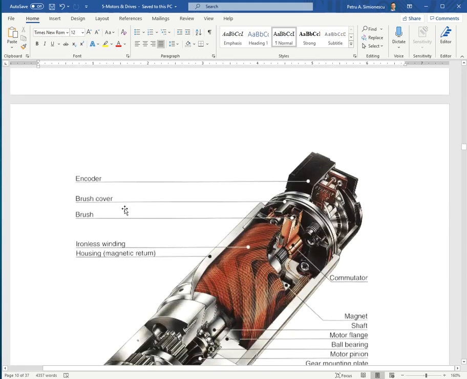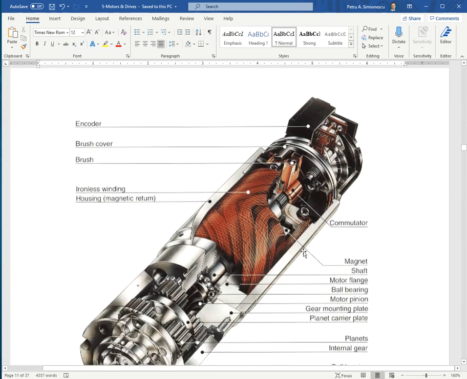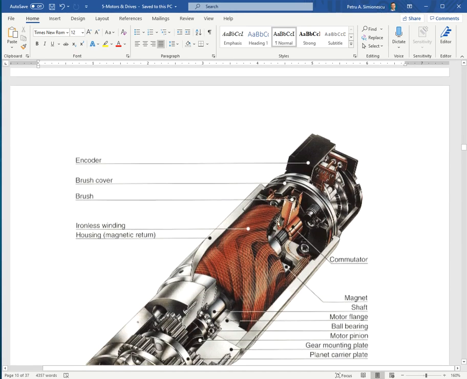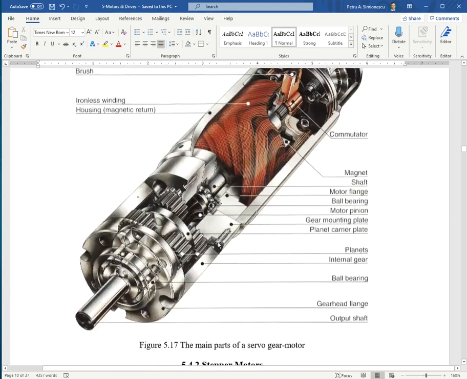So again, there's the computer, the electronics, that modulates the voltage through the windings to provide the desired motion to the rotor shaft.